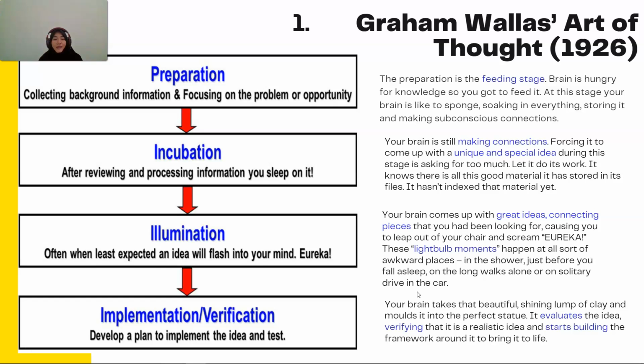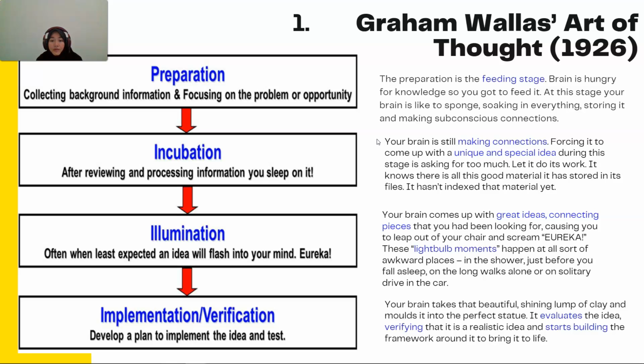Preparation is actually collecting the background information, focusing on the problem or opportunity. It is the feeding stage, where your brain is hungry for knowledge, so you have to feed it. At this stage, your brain is like a sponge, soaking in everything, storing it, and making subconscious connections. In the incubation phase, after reviewing all the information that you got in the preparation stage, you will make the connections, forcing it to come out with a unique and special idea.